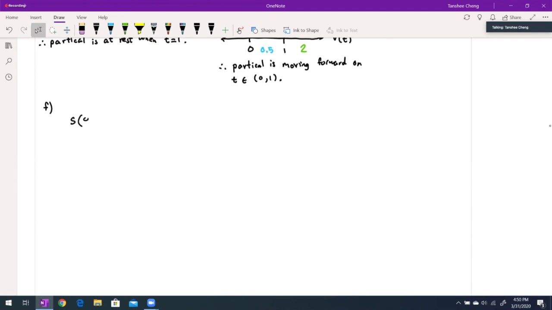We might do s of 8 minus s of 0, thinking the distance between 8 seconds and 0 seconds will give the total distance. No, that's not true. Because the particle is moving forward and moving backward, s of 8 minus s of 0 is basically the displacement, not the distance. So you've got to be careful with that.